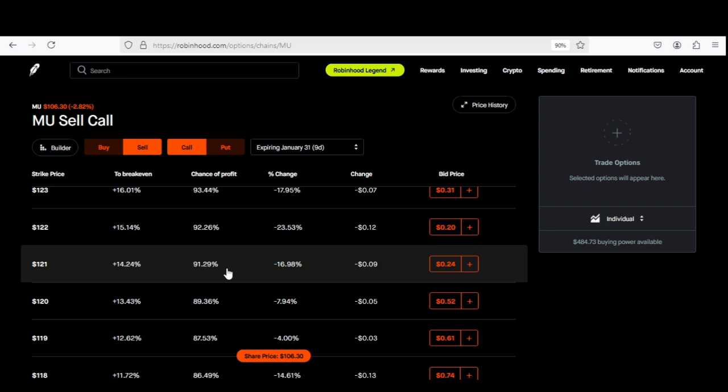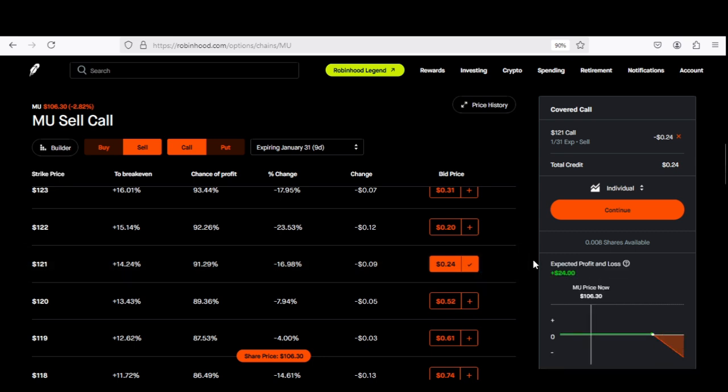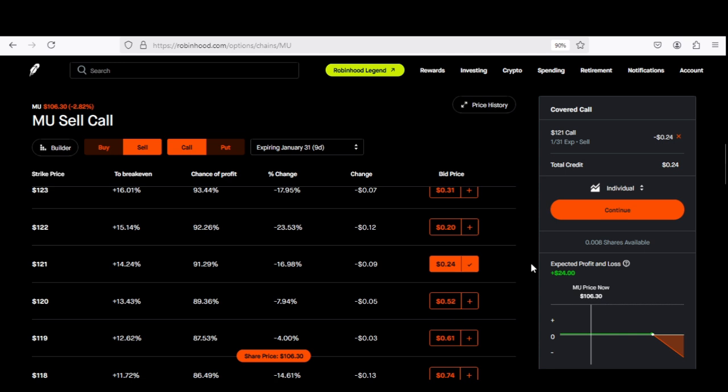So that's why we're going to be going for a super high chance of profitability of 91%. Now, with the 121 price and the 91% chance of profitability, we will be paid 0.24 or $24. Now, this secondary strategy is known as the covered call option strategy. You can now do covered calls on a weekly basis in order for you to collect premium while you wait for the stock to appreciate.